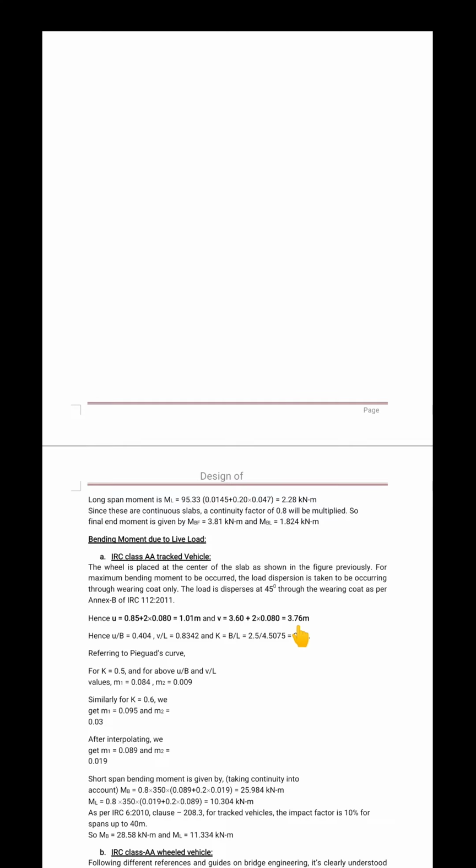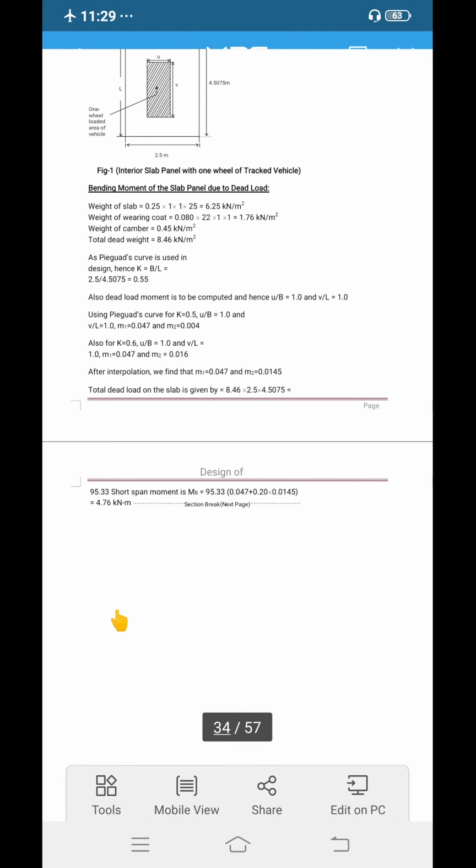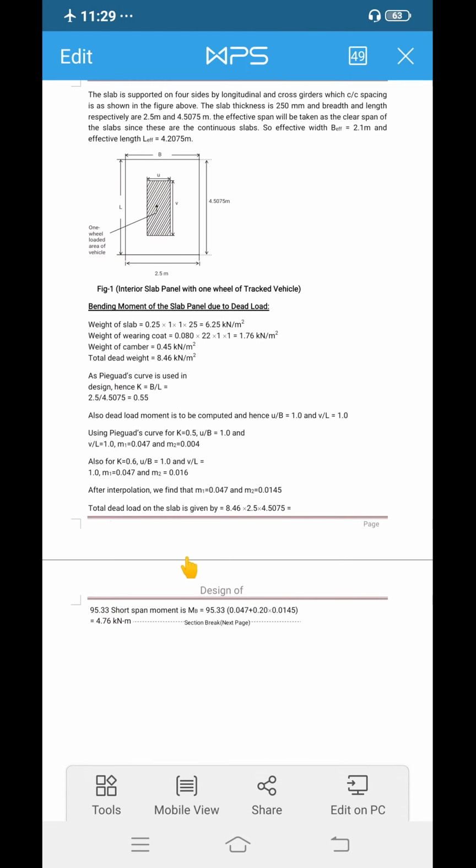Here you may ask, u by b ratio, v by l ratio we have noted down, but in the dead load calculation we have taken u by b and v by l ratio as 1, because in this dead load moment, we are not going to check for the vehicle, isn't it?